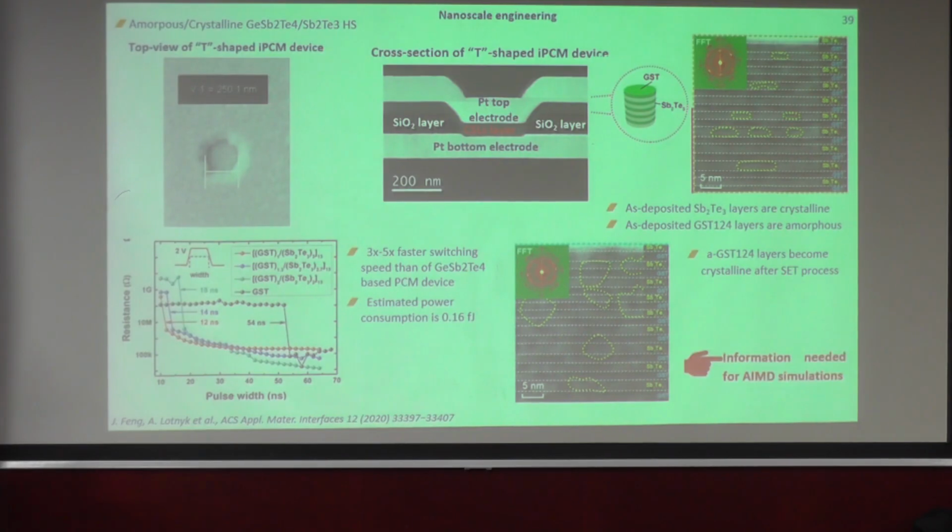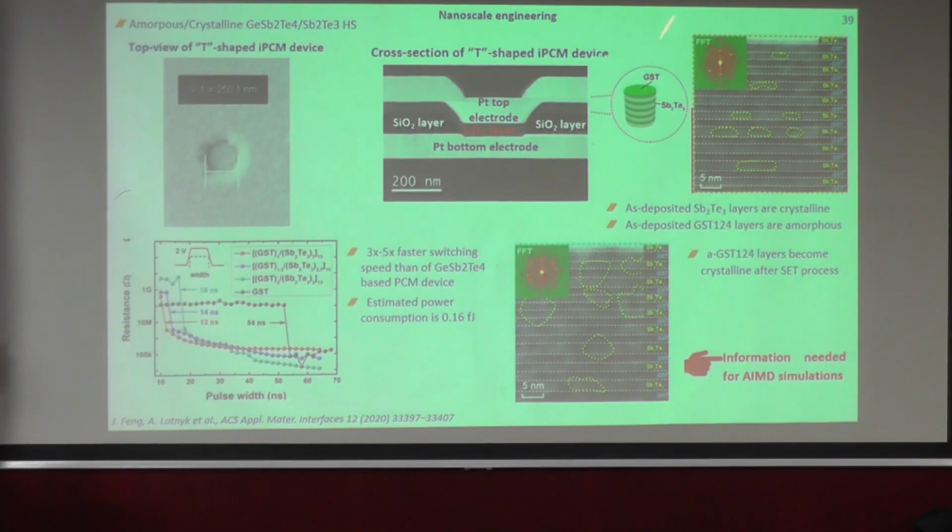To understand this process, we can also make theoretical calculations to support this. In this case, we performed ab initio molecular dynamics simulations. For such simulations, you first need some idea how to create your structure. And this is what is good if you use TEM: you know about your microstructure.